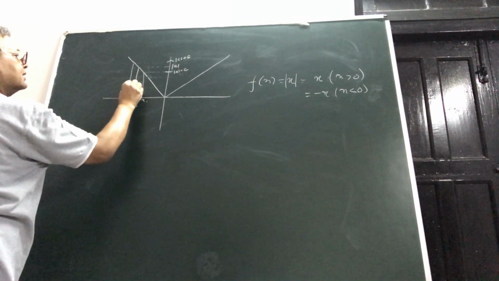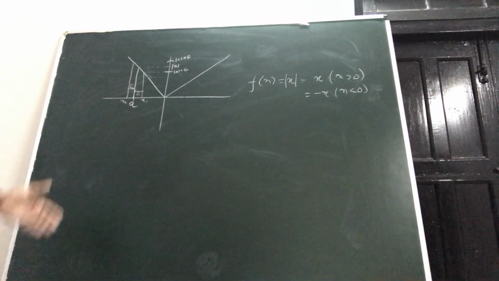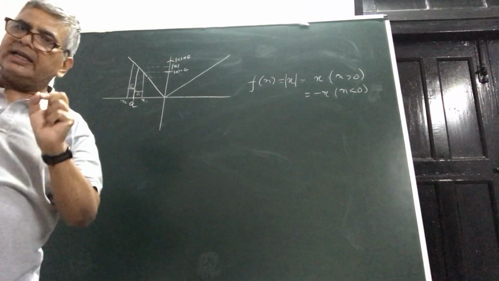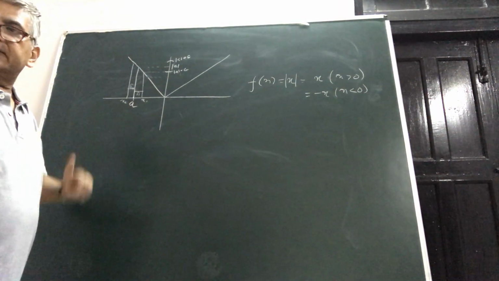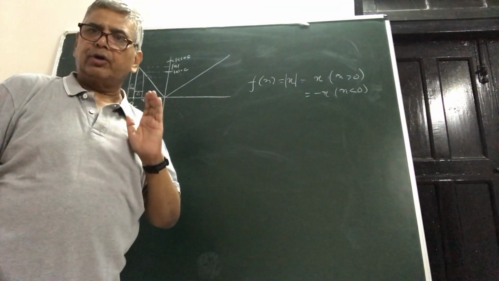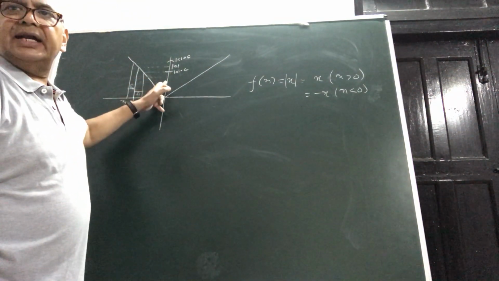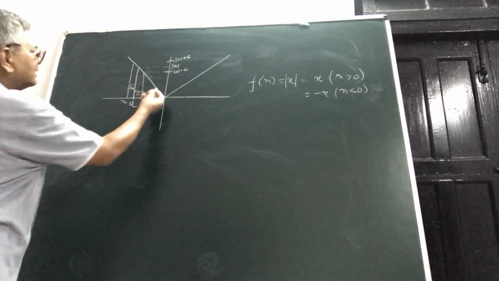This is delta 1, this is delta 2. For this value of epsilon, you need to find a deleted delta neighborhood of A, such that whenever x falls within this deleted delta neighborhood of A, then your functional value should fall within this epsilon interval of mod A.